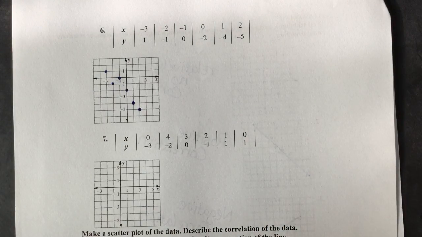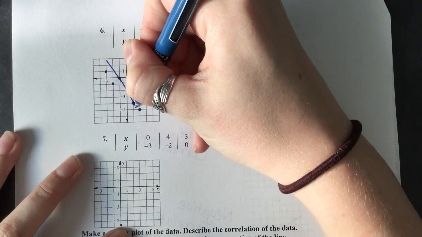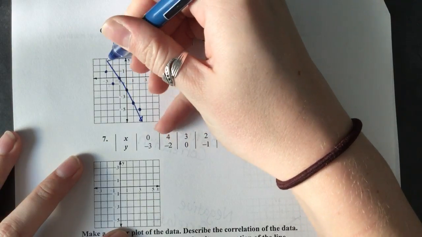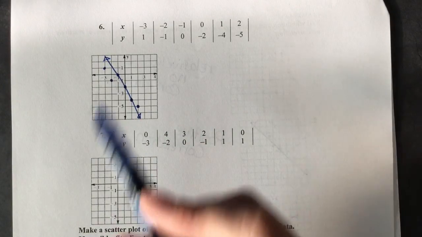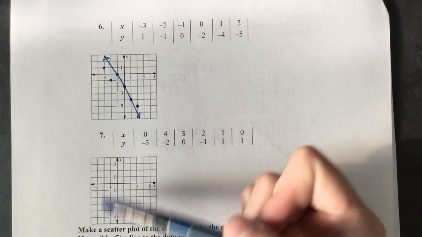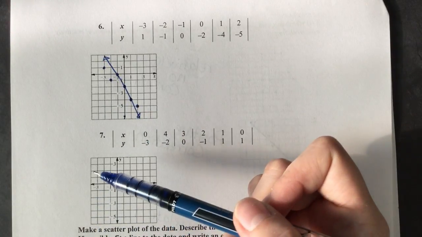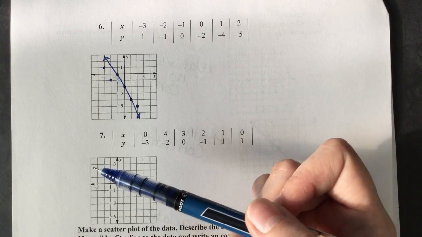Well, this one's a little harder to fit a line of best fit. I see that these 3 points are on the same line. These 2 are on that side and this one is on this side. So it's not balanced, but I still got 3 of the 6 points, so that's pretty good.